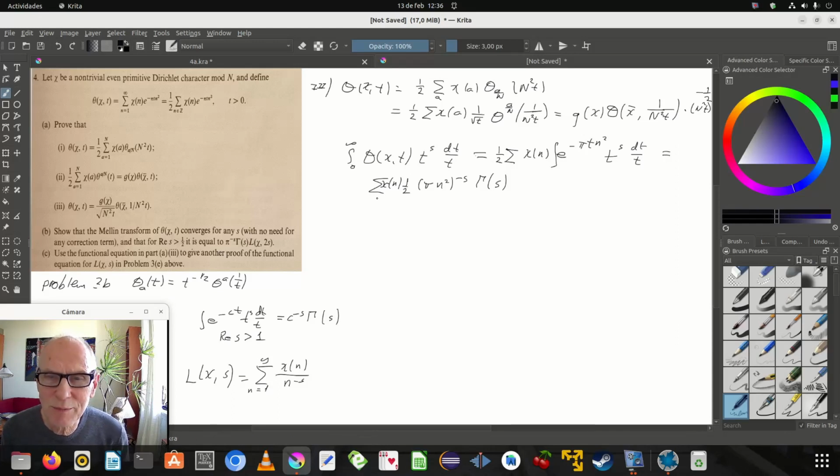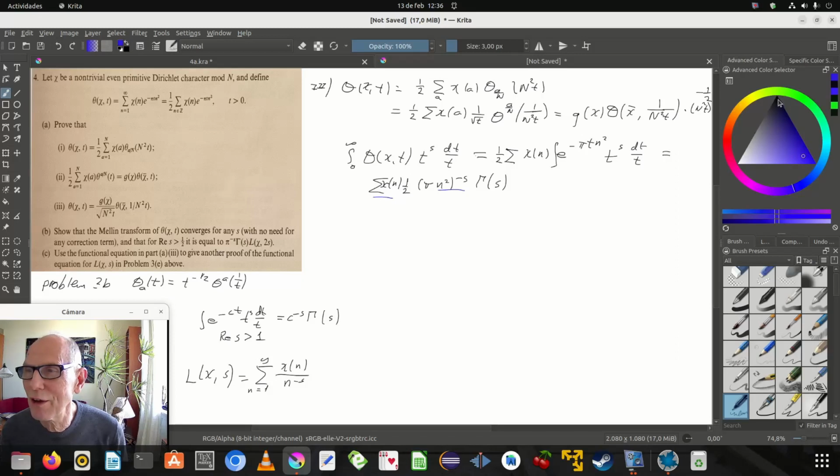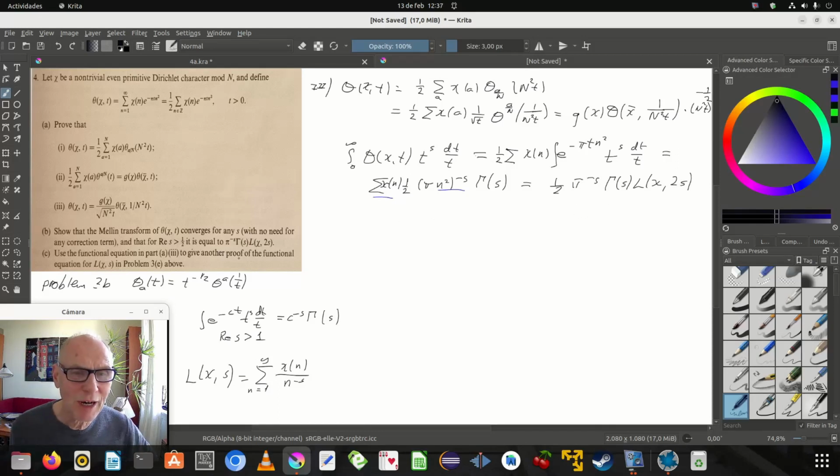So this sum actually gives L of chi. So I have 1/2 pi to minus s gamma s L of chi, 0, 2s. So how close am I?